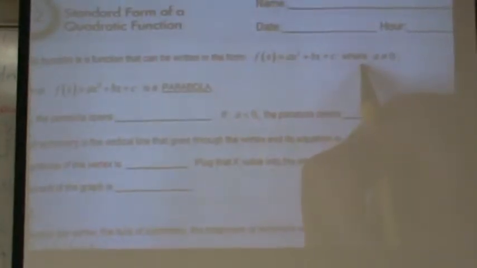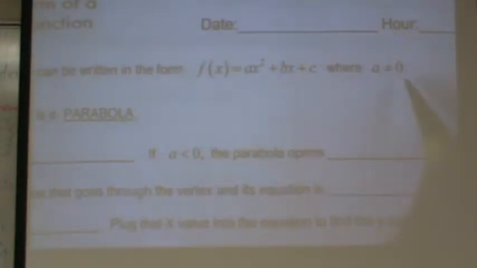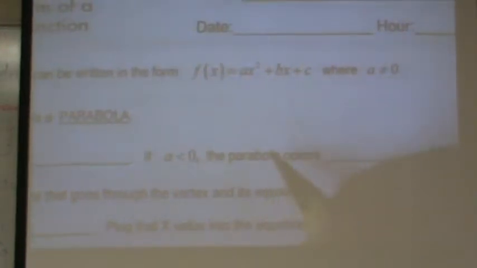So let's start with our notes, and we're beginning by just defining what standard form is. Standard form is f of x is ax squared plus bx plus c. And it says a can't be 0. Can someone tell me why a can't be 0?